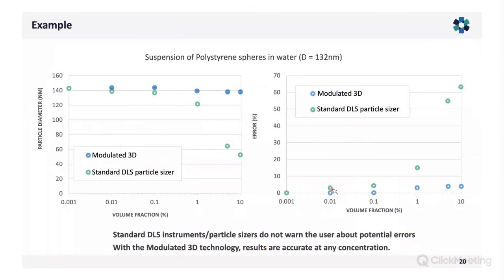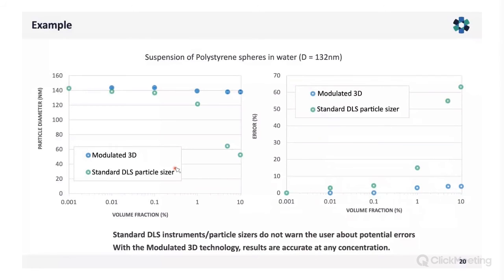Here is another example for increasing the concentration of polystyrene spheres, where you again see the differences in a more recent example of particle sizes measured. This is a bit larger particle size, and this is the particle size that you would measure now compared to a standard DLS particle sizer.